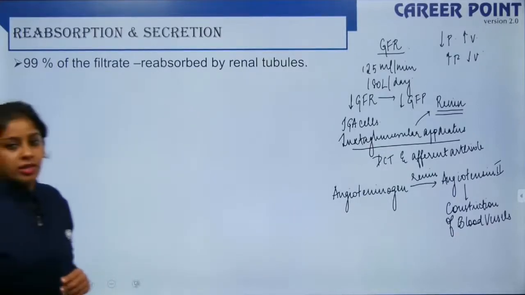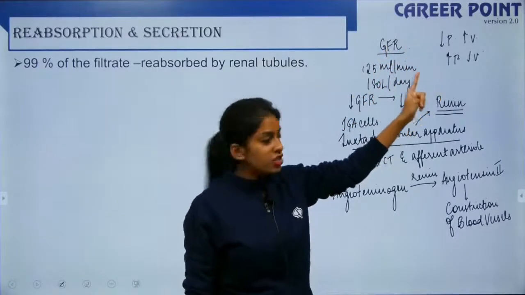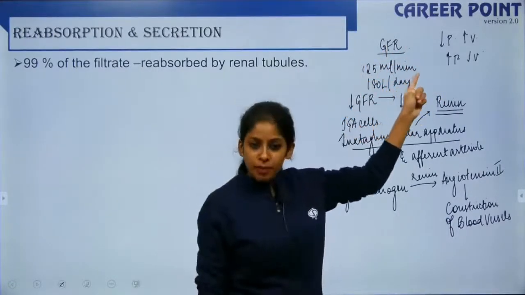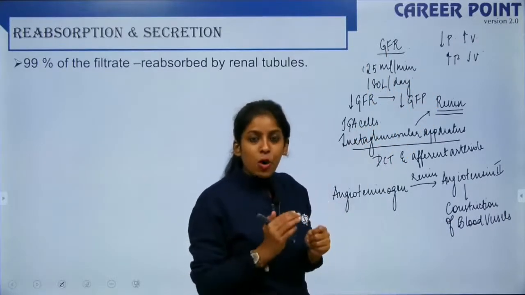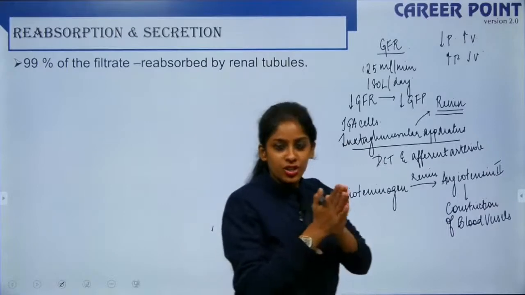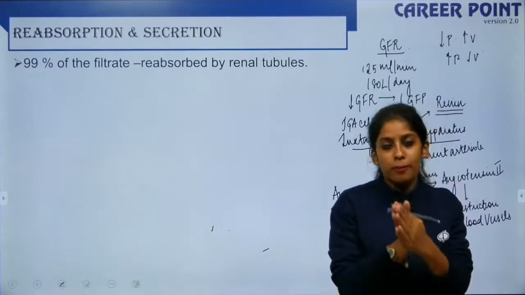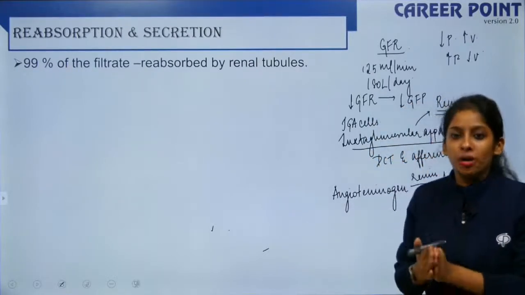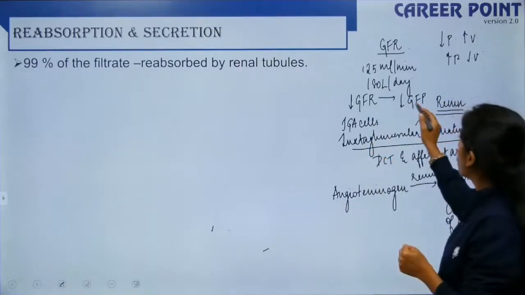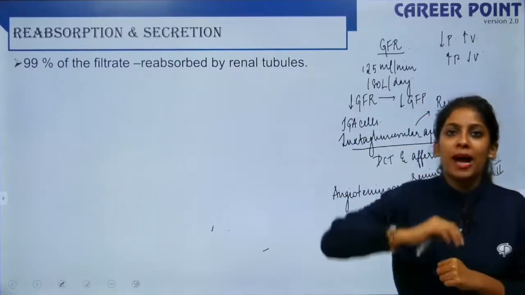Done? So we know the glomerular filtration rate is 125 ml per minute or 180 liters per day. Suppose your glomerular filtration rate falls, say to 110 ml per minute. If it falls below the normal value and thus the glomerular pressure also decreases, how will you bring it back to normal?